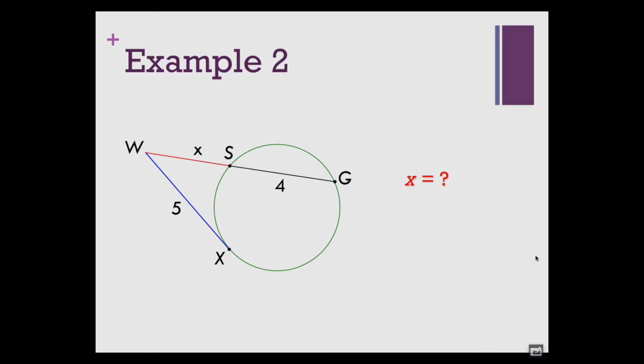Let's see. Ben, what's the equation? 5 squared equals x times 4 plus x. Doesn't factor.